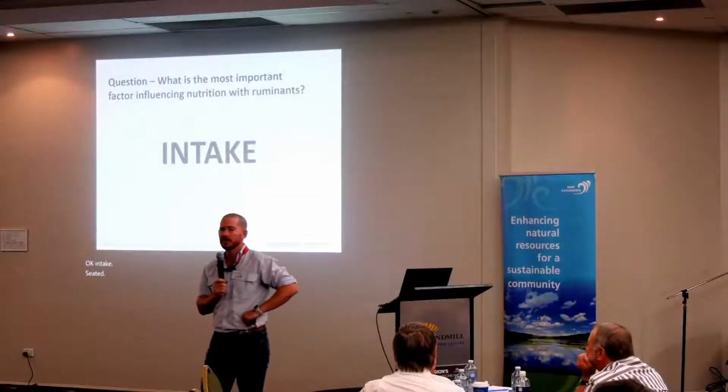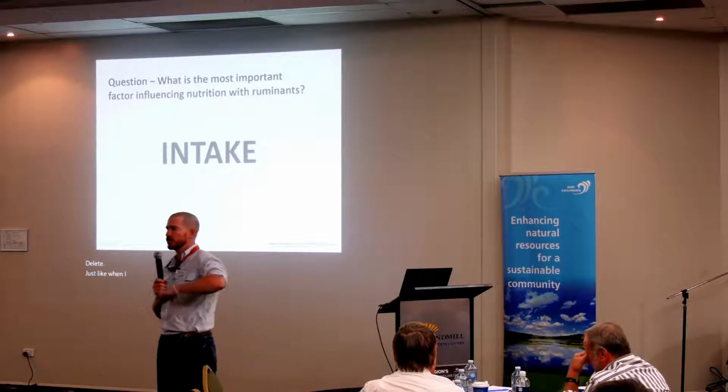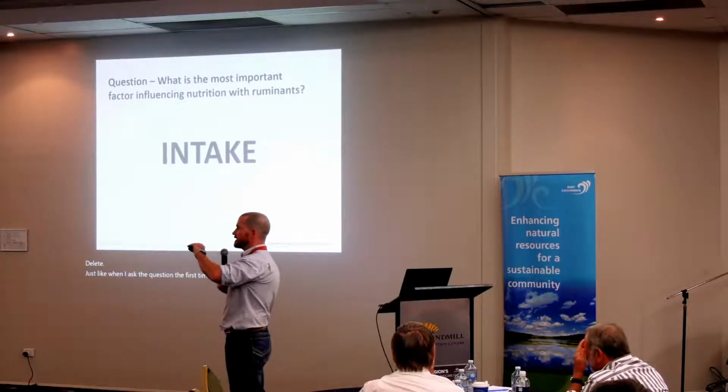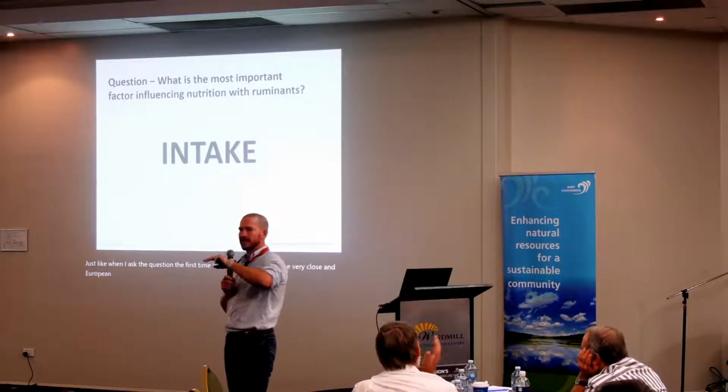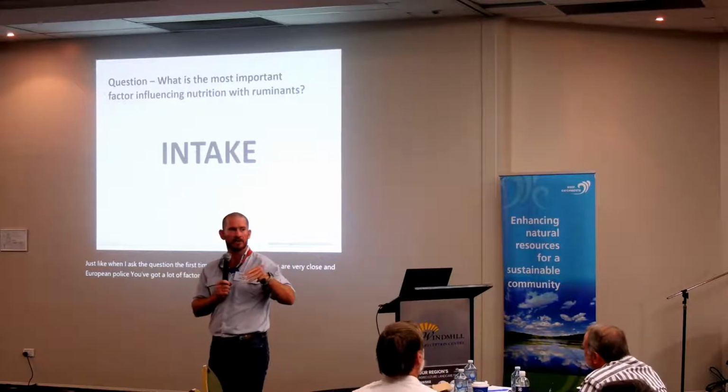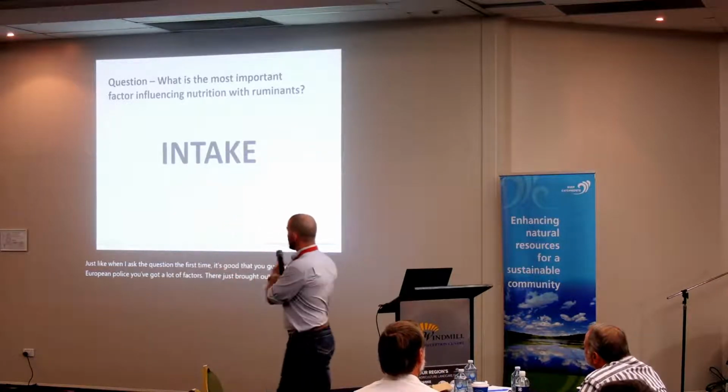Intake. Just like when I asked the question the first time, it's good that you guys are very close, and you've got a lot of factors there that you just brought up that combine to produce basically the answer that I wanted, which is intake. Okay? So the reason why it's important is because, once again, these bovines are just lawnmowers on four legs.